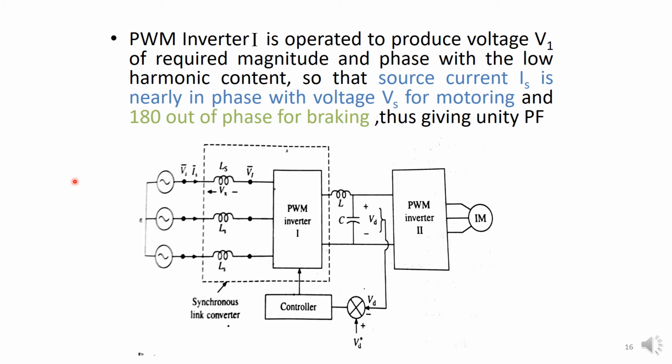The PWM inverter 1 is operated to produce voltage V1 of required magnitude and phase with low harmonic content, so that the source current Is is nearly in phase with voltage Vs for motoring and 180° out of phase for braking, thus giving the unity power factor.